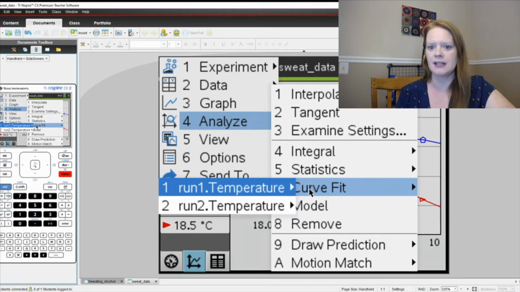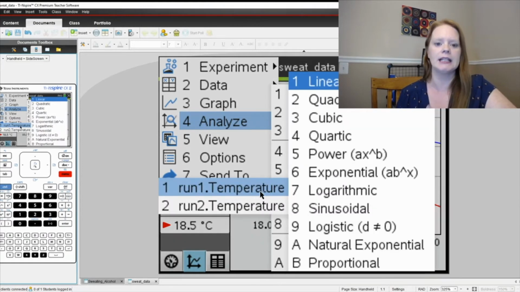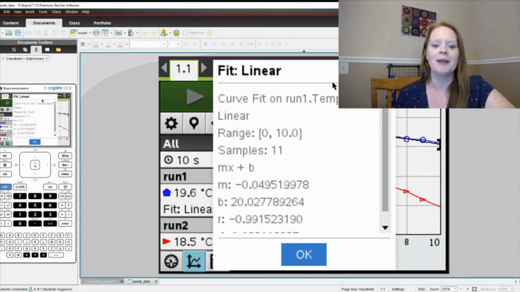And based off the data, it fits a linear model. So we're going to click that, linear. And then it's going to give us all of our data and our mx plus b equation. So our equation of the slope of the line. So students can get that information, and as a science teacher, you can help them understand what those components mean.